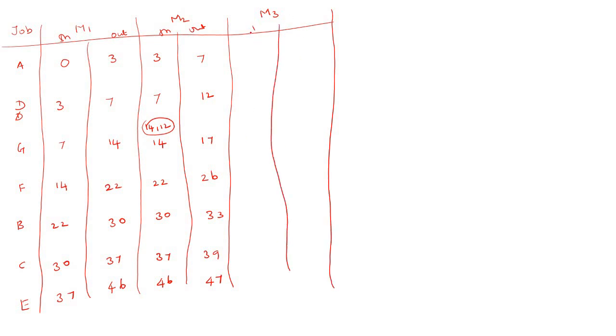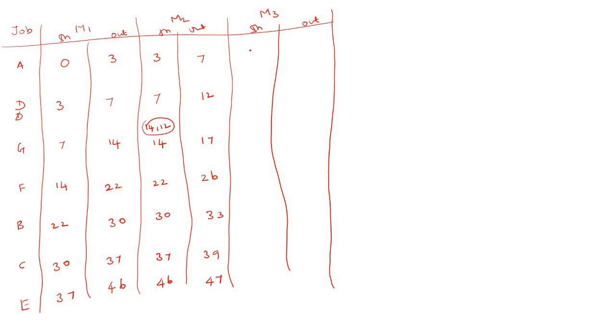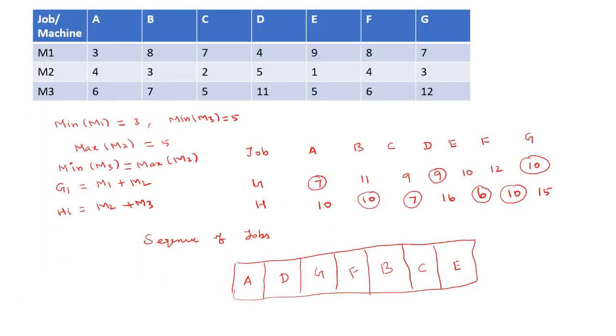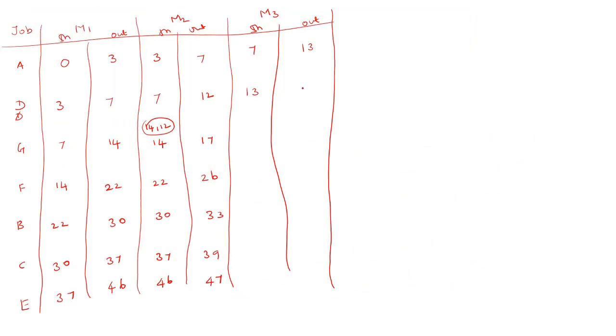So in and out. So the second machine out is the third machine in. So third machine A value is 6. So 13. So once again we take the maximum, 13. So now we add the D value. So 11. So 13 plus 11 is 24.